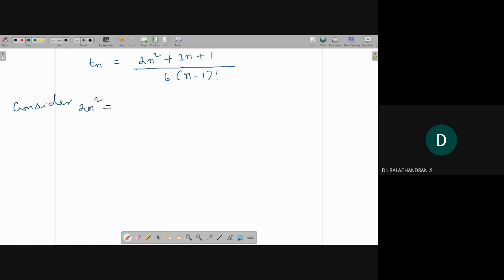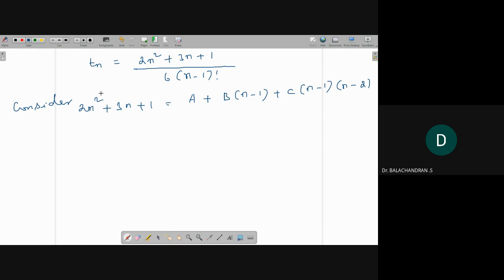So 2n square plus 3n plus 1 is equal to a plus b into the denominator plus c into the denominator into denominator minus 1.